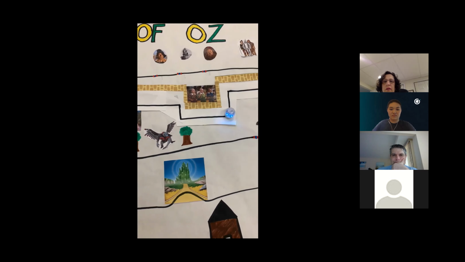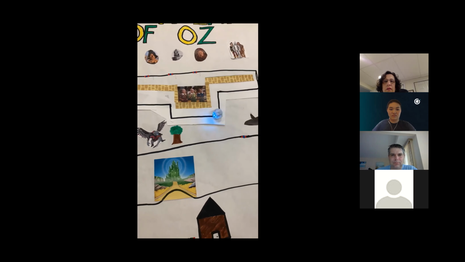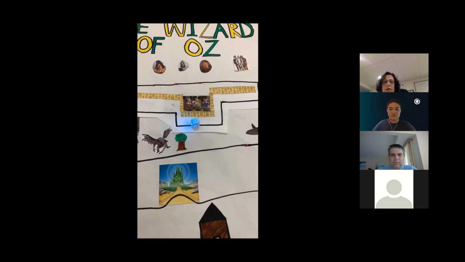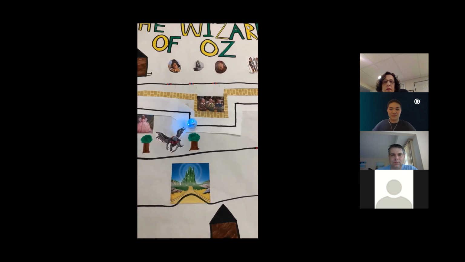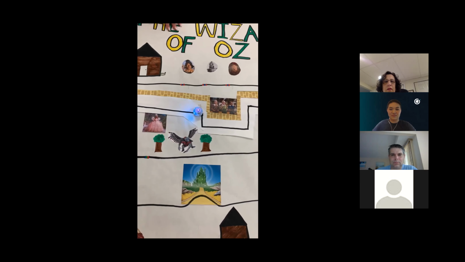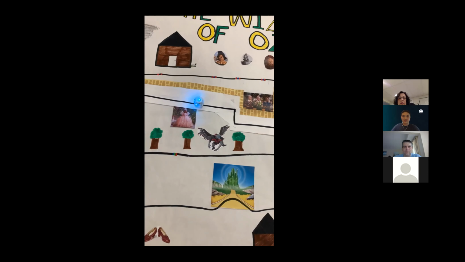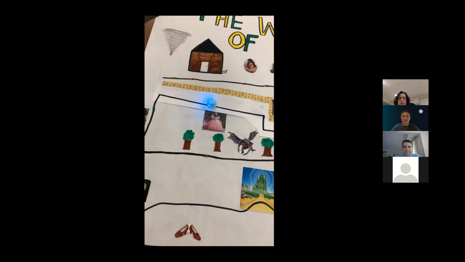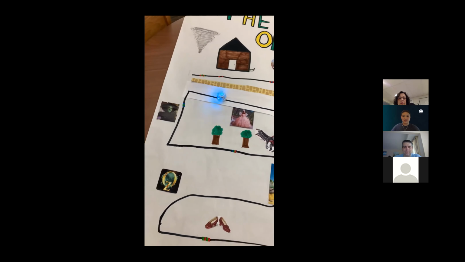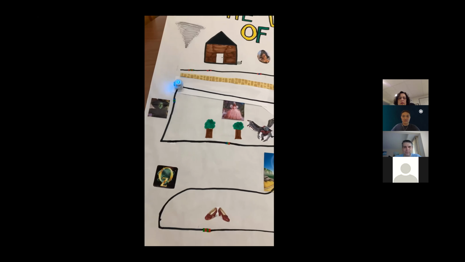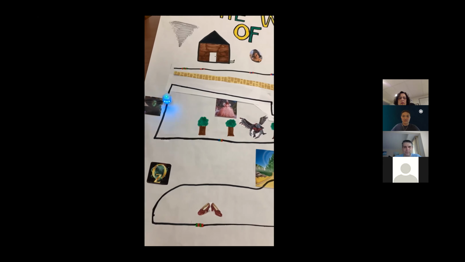We put the yellow brick road on our poster so that it'll make it more real that the bot is following the yellow brick road with the munchkins during the story. We printed pictures and cut them out and placed them along the path to help represent the story better.